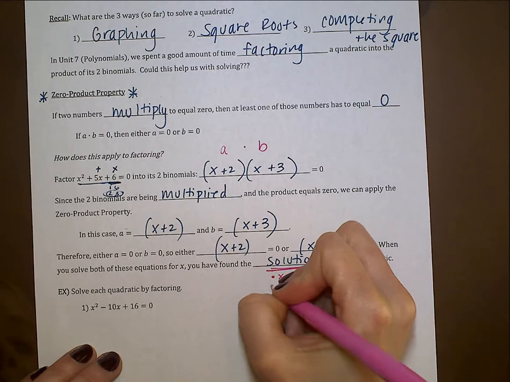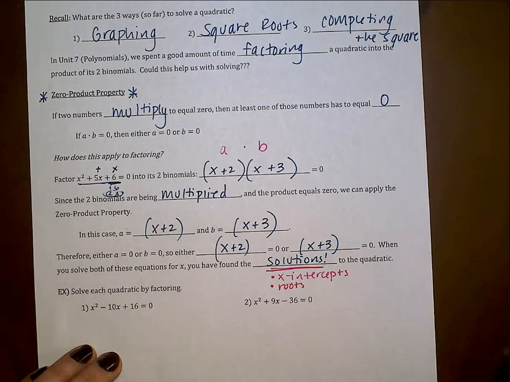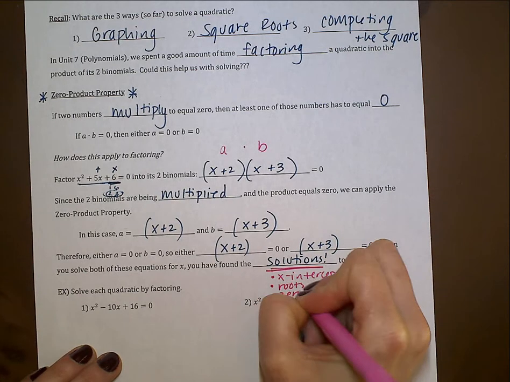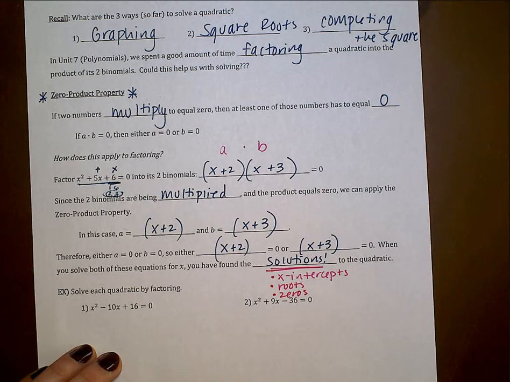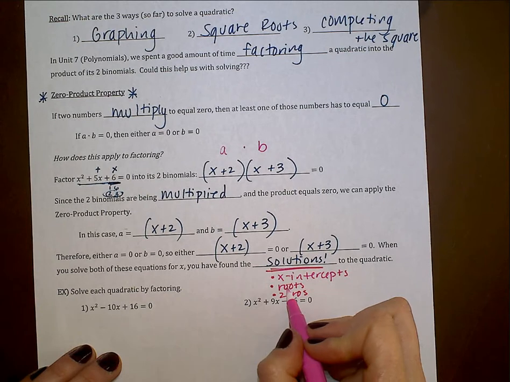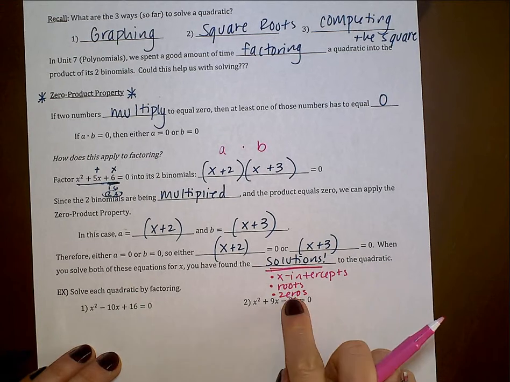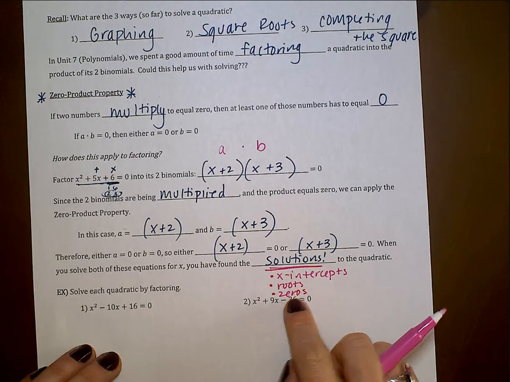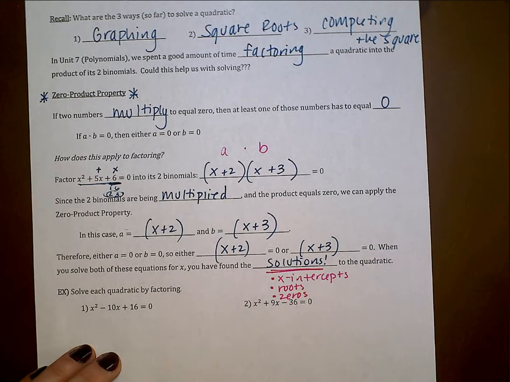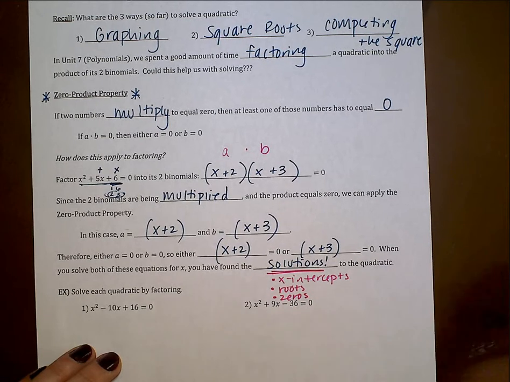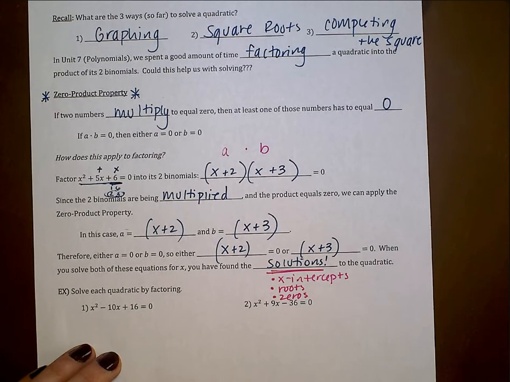They could say, find the roots. They could also say, find the zeros. And they say roots because like when we take square roots, you're finding the root, and zeros because it's where y equals 0. Fancy names, but they all just mean like solve this thing, find the answers.